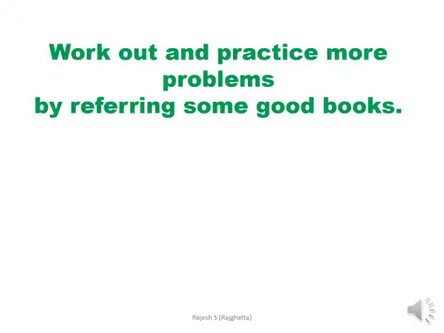Some problems were discussed, and because of technical and other reasons, we could not present all the problems here. Please refer good books and work out problems and practice them on your own, and refer to question papers and try to solve them, so you will get confidence in preparing cash flow statements.